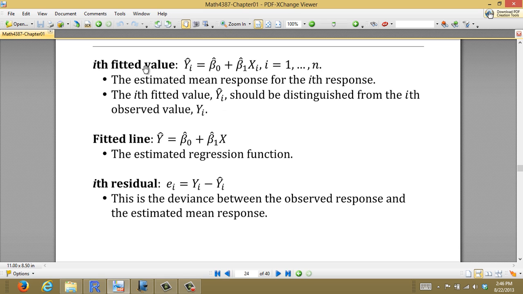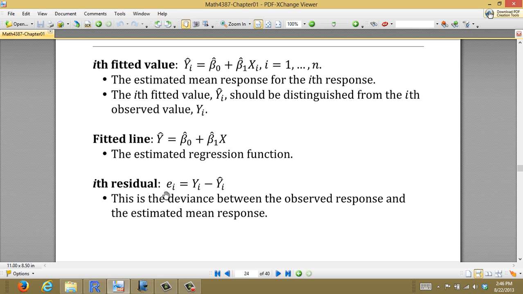Related to the ith fitted value is the fitted line, y hat equals beta naught hat plus beta 1 hat x. This is just the estimated regression function, which is a little more general, and to get the ith fitted value, we simply plug the ith value of x into this equation. Related to that is the ith residual, which we'll denote by e sub i.